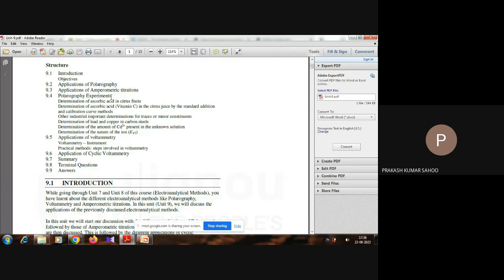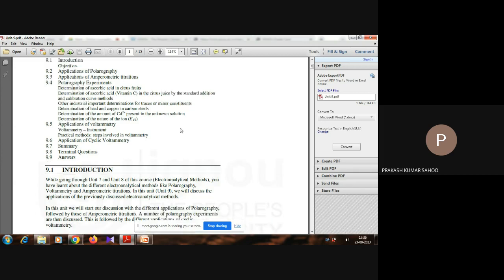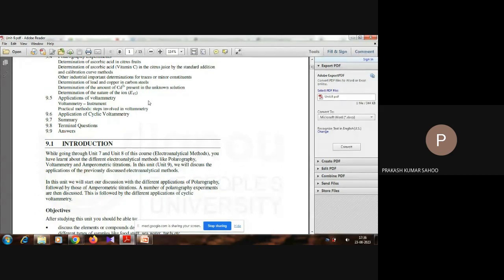Then under polarography experiment we have ascorbic acid in citrus fruit, followed by vitamin C, that is ascorbic acid in citrus juice by the standard addition and calibration curve method, and determination of other traces and minor constituents, determination of lead and copper in carbon steel, determination of cadmium in unknown sample, determination of the nature of the ion in terms of half wave potential E half, that is ID by 2, limiting current divided by 2, this will be E half.